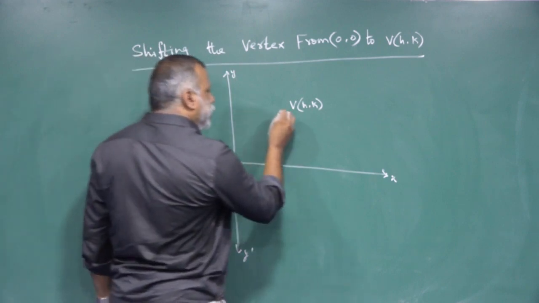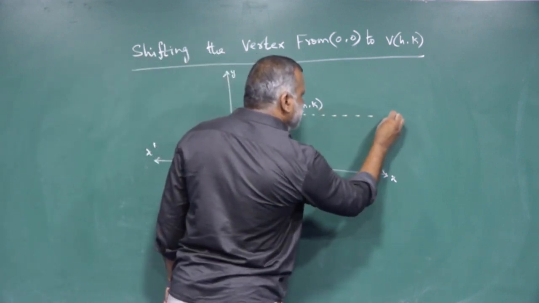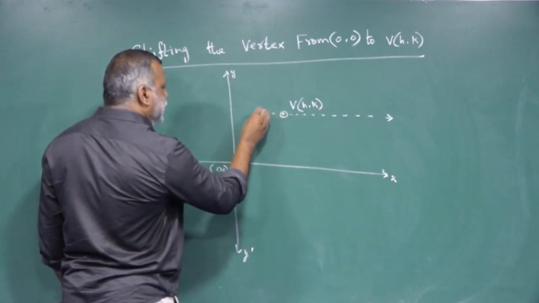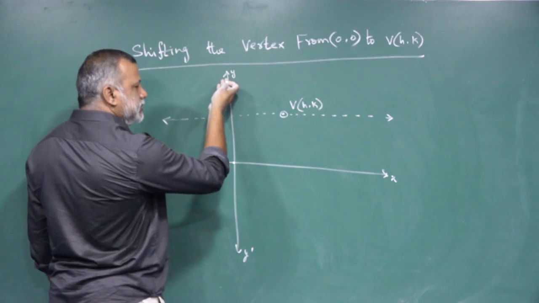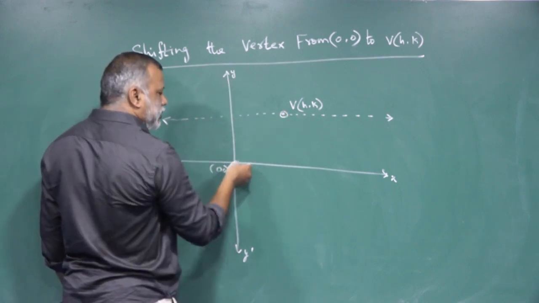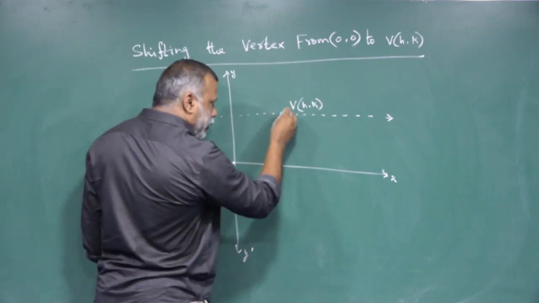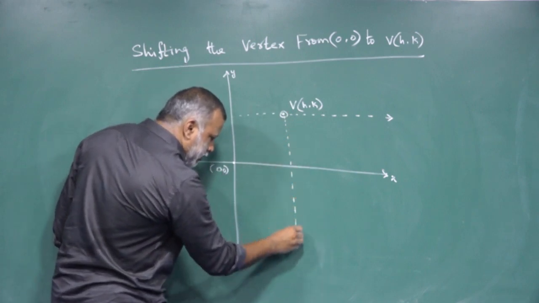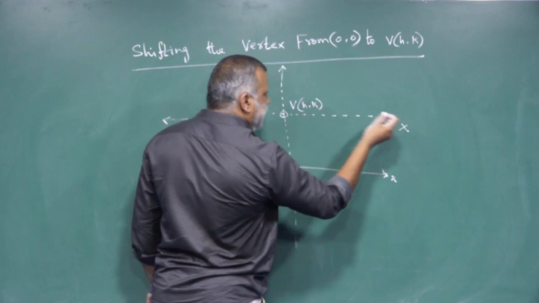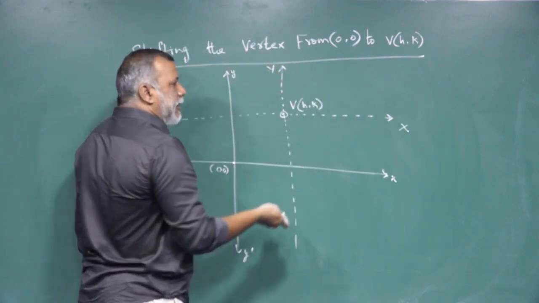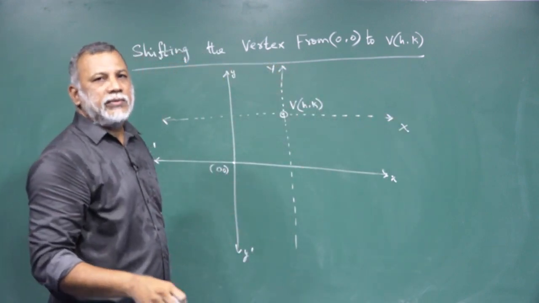Now we can draw a new axis parallel to the original axis. This is the original axis, x-axis, y-axis. But the vertex is shifting from (0, 0) to some other place. Then you can draw new axes. These axes are called capital X and capital Y. These are parallel to small x and small y.